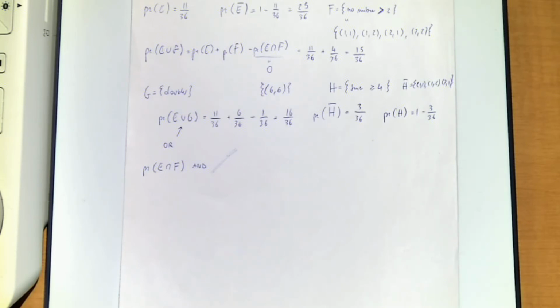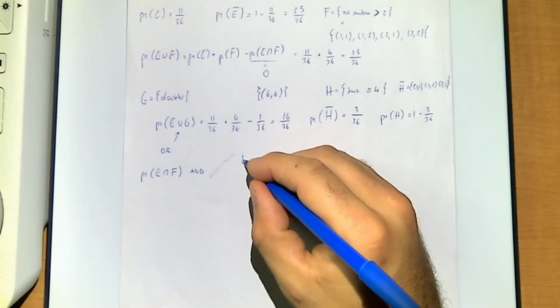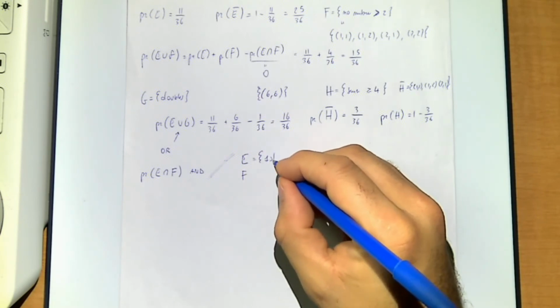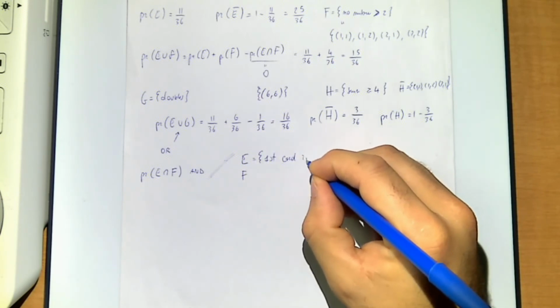So, okay. When you draw cards from the standard deck, normally a 52 card deck with 4 suits and 13 cards per suit, marked from 1 to 13, the usual setup, let's consider two events, E and F. E is the first card is a king.